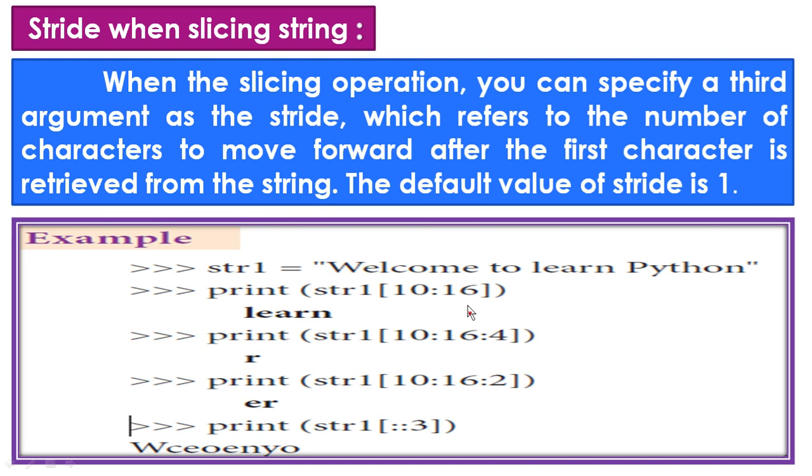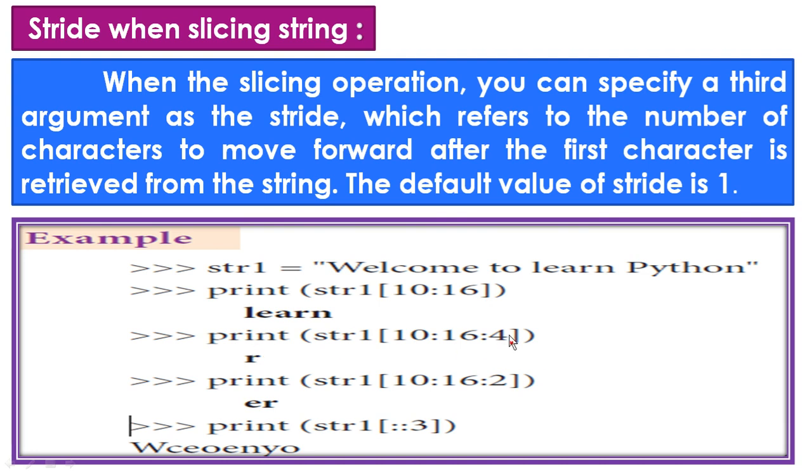Up to 15 only we are extracting from the main string. So up to lan. Here the blank space is 10, n is 15. So 10 to 16 means we are getting the values from 10 to 15 only. So we are getting the space and lan.